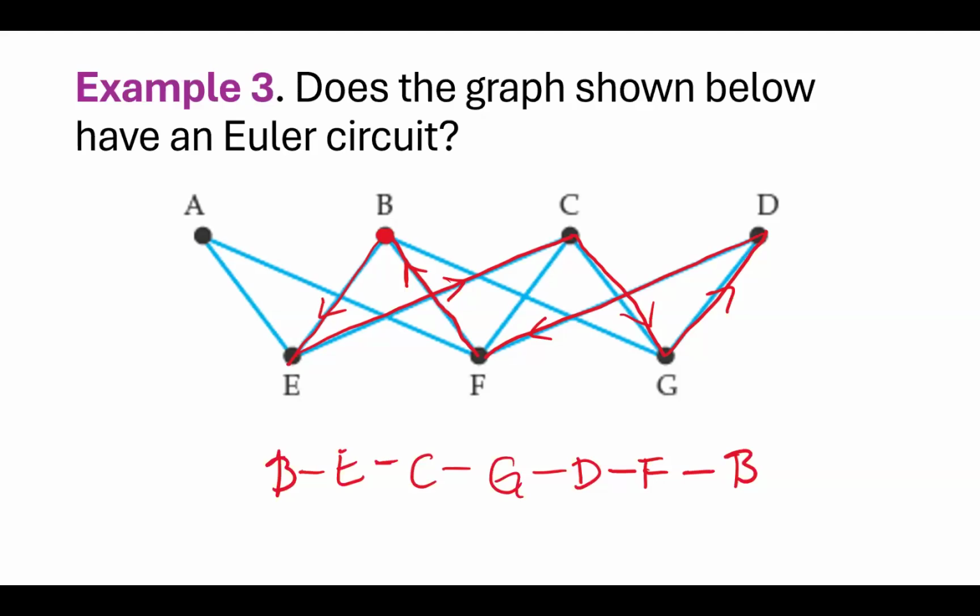But if I want to have a circuit, I would go back to B. However, if I go back to B, this was not Euler because it didn't travel through all of them. It is a circuit, but it is not an Euler circuit, because to be an Euler circuit, I had to use all of the edges. And notice all of those blue ones that don't have a red on them, I did not pass through them. I did not use them.